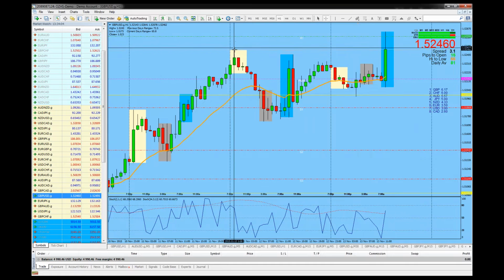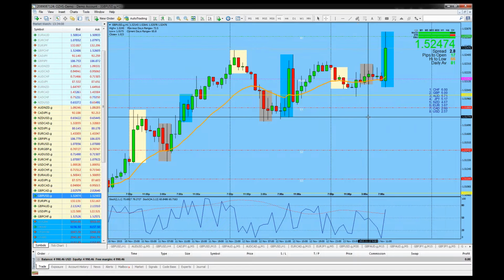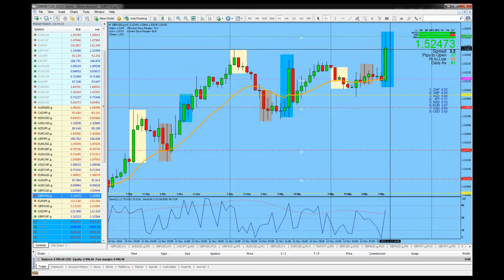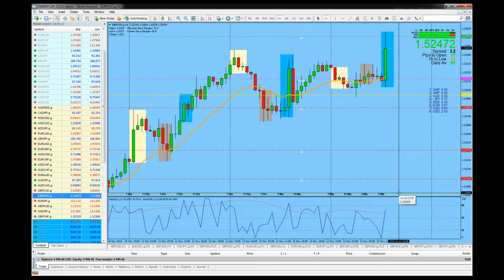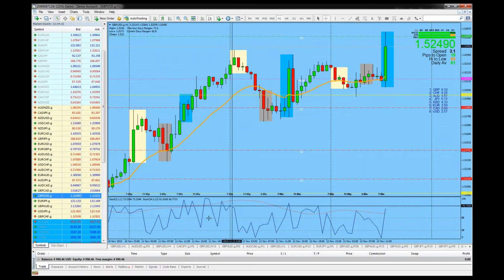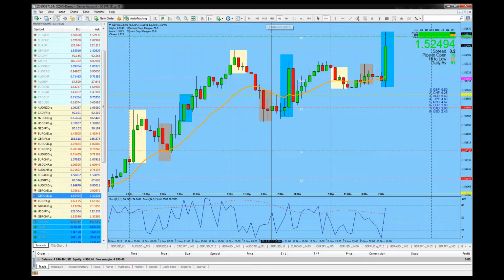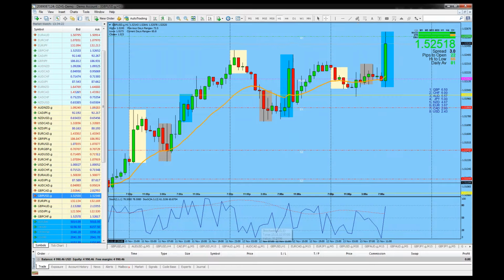But we'll see. This seems to be the area here. But while that's doing its thing, I'm going to talk briefly about this stochastic setup down here.